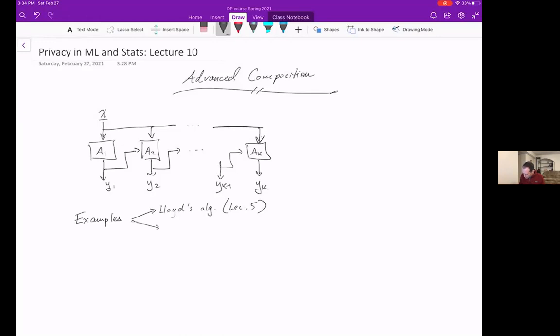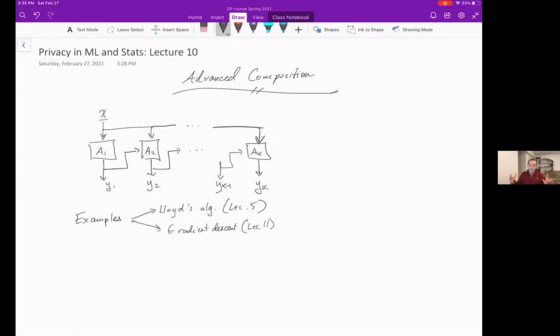Another example is gradient descent, which we'll see in the next lecture, lecture 11. These are examples where the exact computation to be done at a given stage of the algorithm depends on what came before.